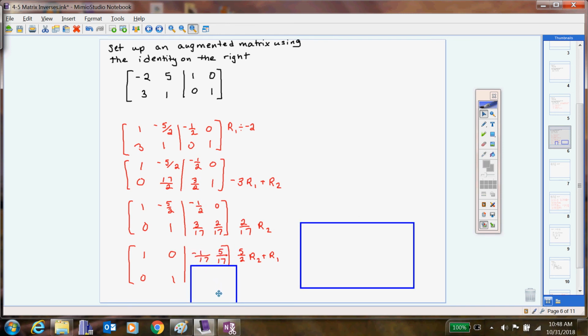We are going to end up with negative 1/17, and then the other one turns out to be 5/17 when we take 5 over 2 times 2/17. You get 5/17 plus 0.